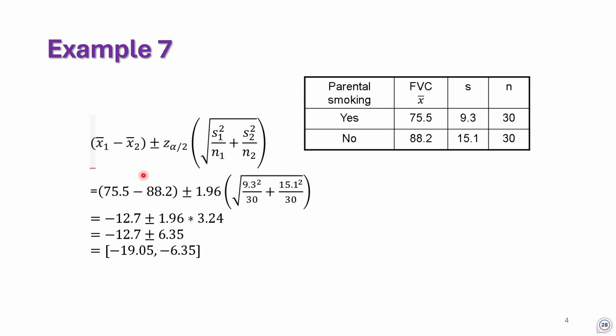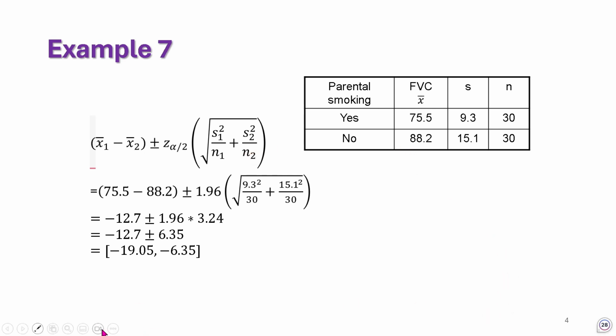This is the difference between the sample means plus minus Z alpha over 2 times the square root of the variance of sample 1 divided by the sample size of sample 1, plus the variance of sample 2 divided by the sample size of population 2.